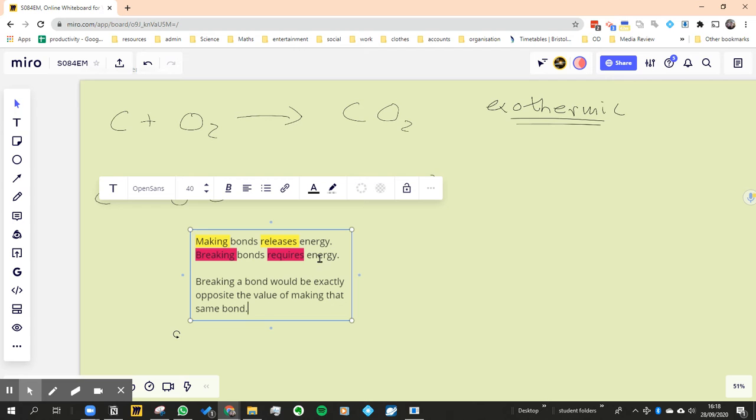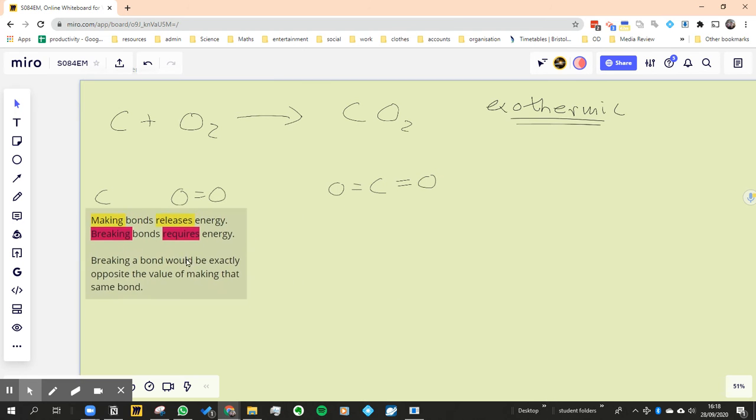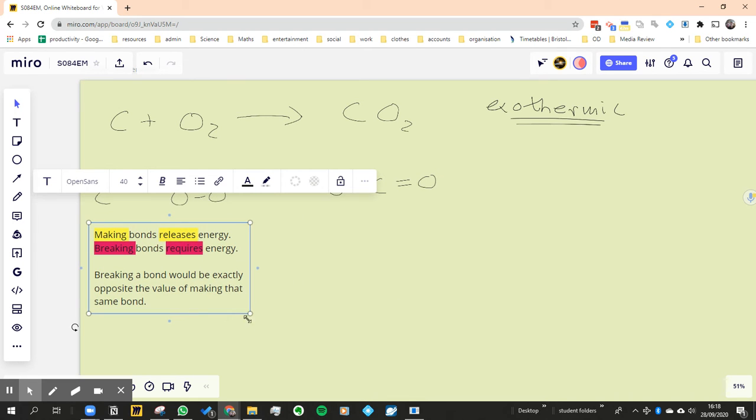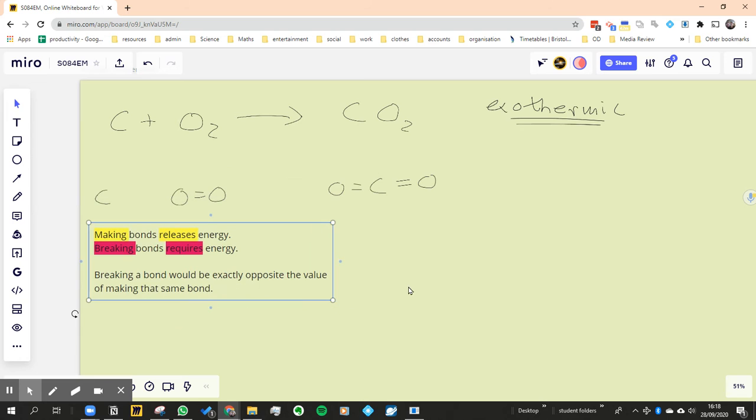What do I mean by that? Well, let's say it took, I don't know, 300 joules to break that bond. If I wanted to make that bond, it would release 300 joules. Okay, that's another thing to realize here.